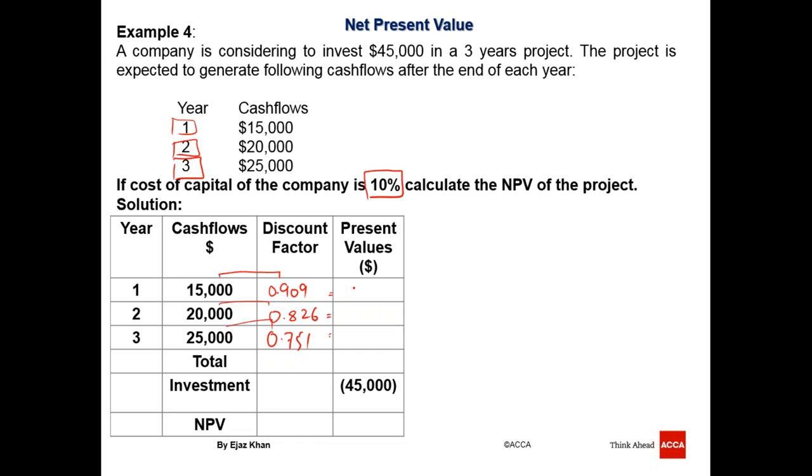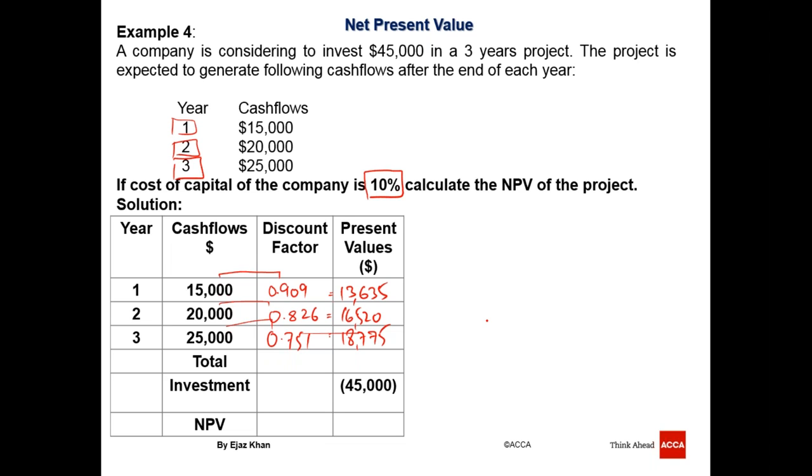So what will be the present value of 15,000? $13,635. Great. And then for 20,000? $16,520, right? And for the next? 18,775.